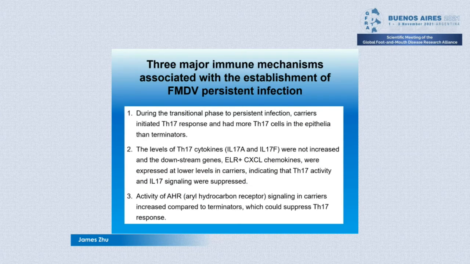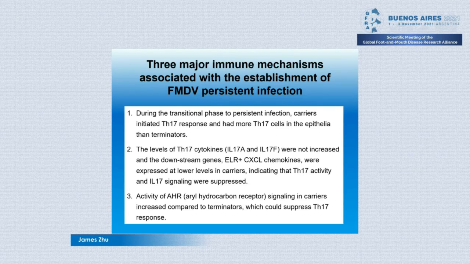Three major immune mechanisms were found to be associated with persistent infection in this study. First, carriers initiated Th17 response and had more Th17 cells in epithelia than terminators during the transitional phase.